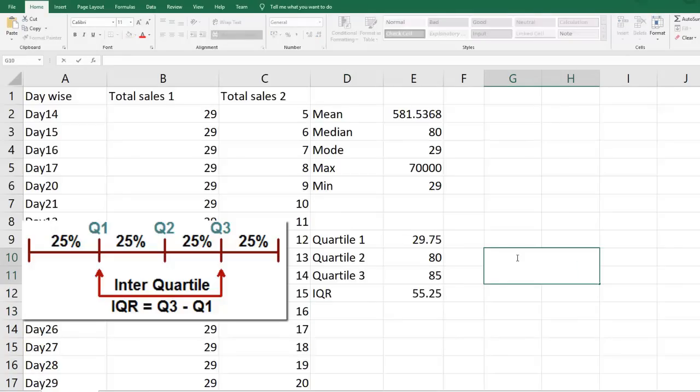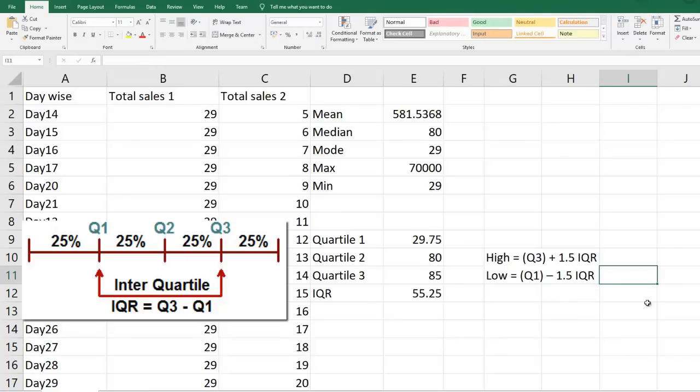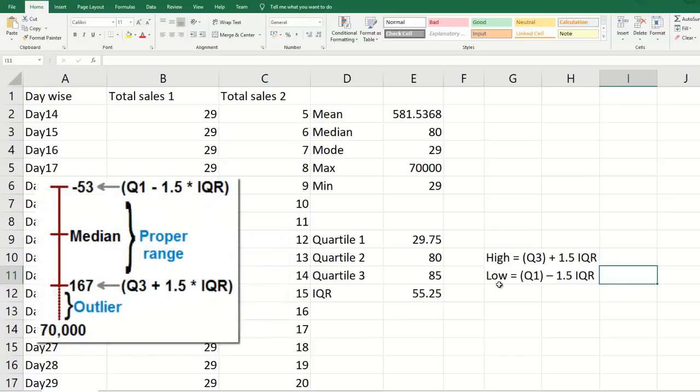Now, the normal range of data, the max and the min of the data, is as follows. The highest the data can go is quartile 3 plus 1.5 times the interquartile range, and the lower end of the data can go to quartile 1 minus 1.5 times the IQR, that is the interquartile range, right? So in other words, let us find the low range.